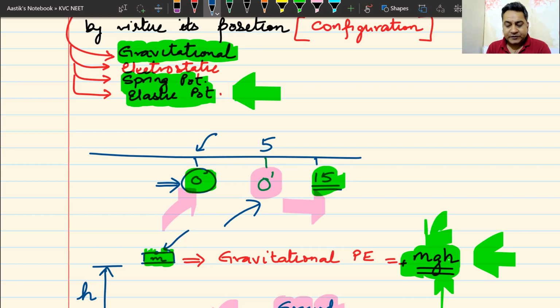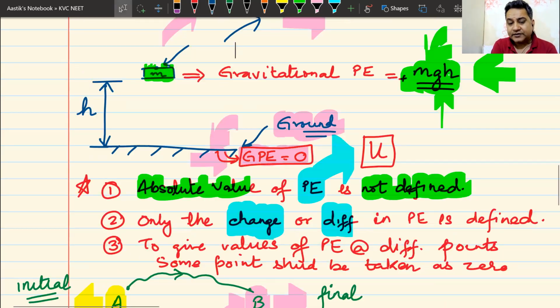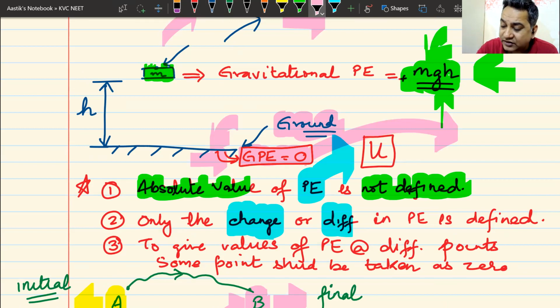Am I clear with this? This is exactly what we have done in the case of gravitational potential energy. We have shifted the origin. In real terms, gravitational potential energy is only zero at infinity, at a very, very large distance away from Earth.